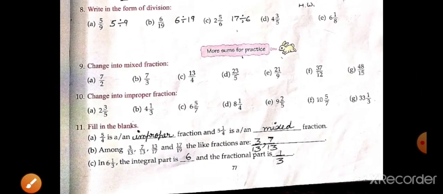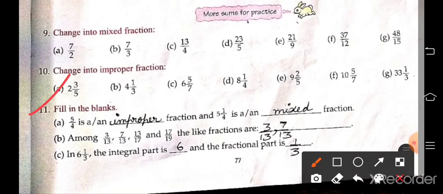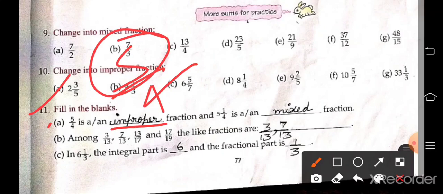Okay, now the last question is fill in the blanks. A part: 5 upon 4 is a or an improper fraction. What kind of fraction is 5 upon 4? Improper, because here the numerator is greater than the denominator. Okay, and 5 1 upon 4 is a mixed fraction.